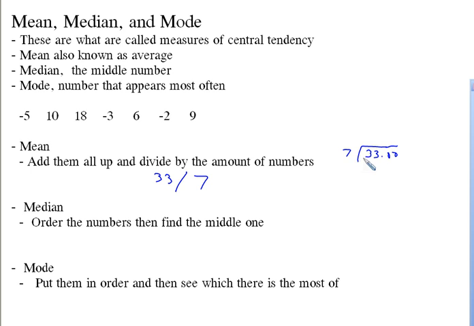So 7 goes into 3 0 times, 7 goes into 33 4 times. That's 28. That's 5. Bring down the 0. So 50, 7 goes into 50 how many times? 7 times. It's going to be 49. 1, bring down a 0. 7 goes into 10 one time.